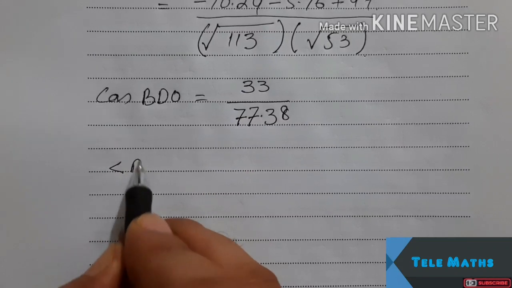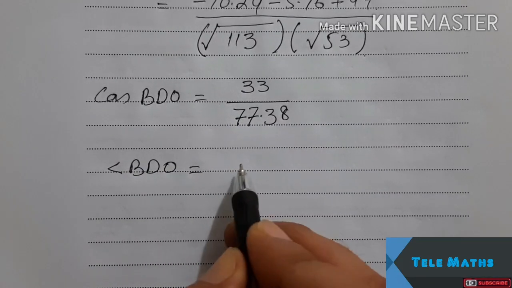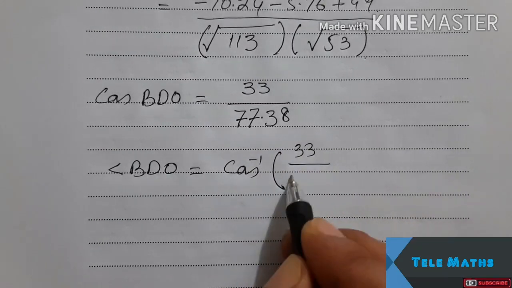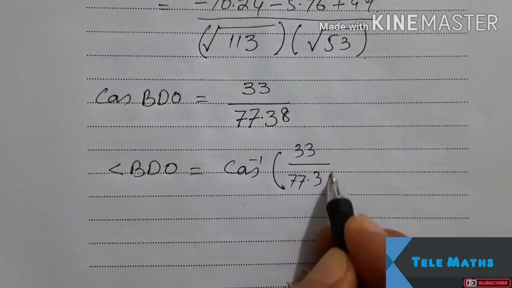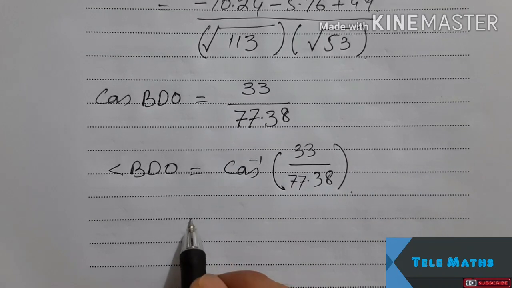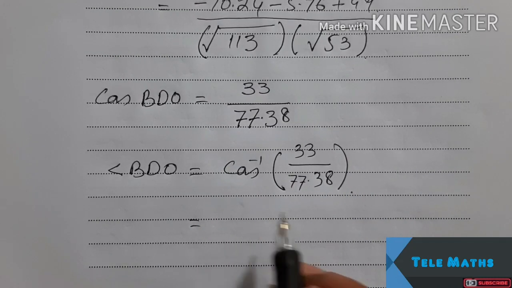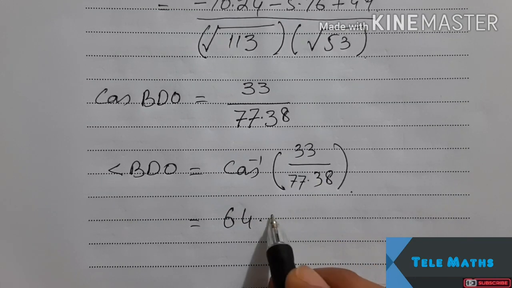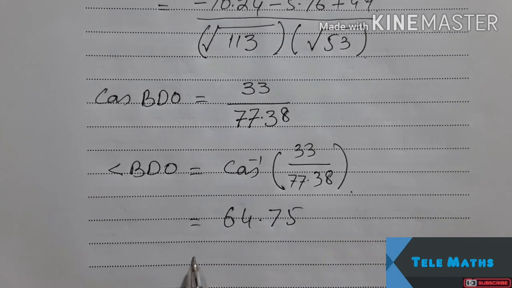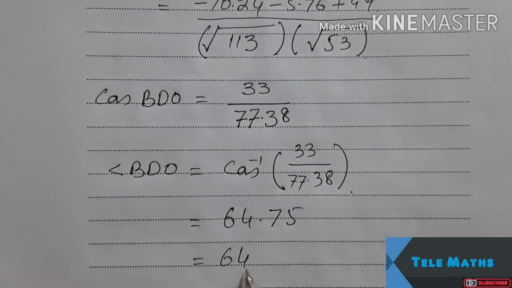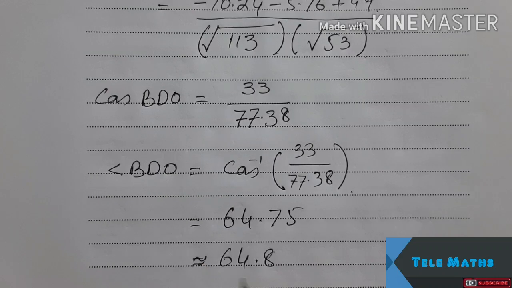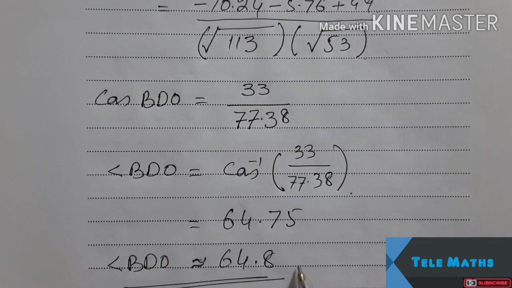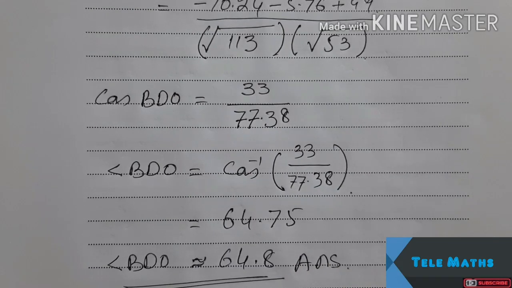So the angle BDO is equal to cos inverse of 33 over 77.38. This gives 64.75, which is 64.8 to 1 decimal place. So this is angle BDO. This is our answer.